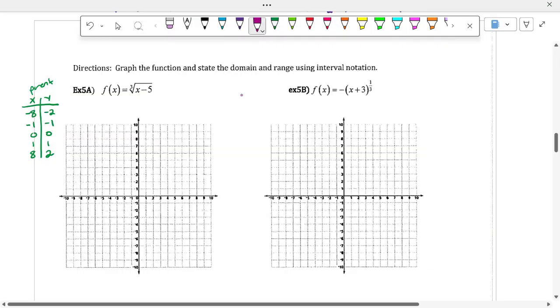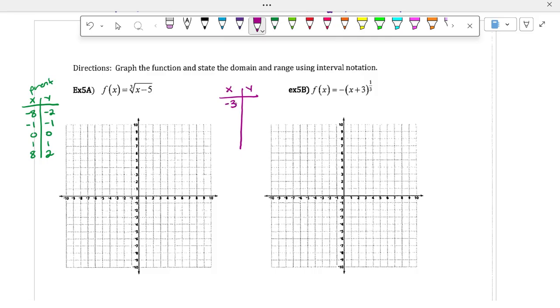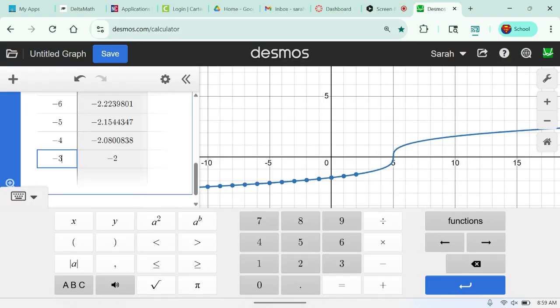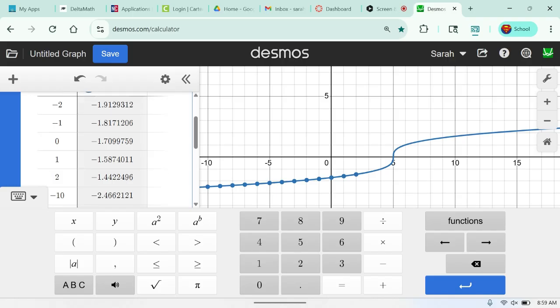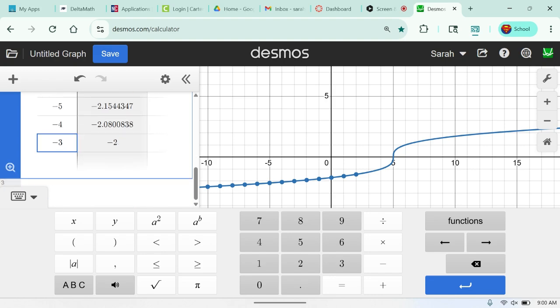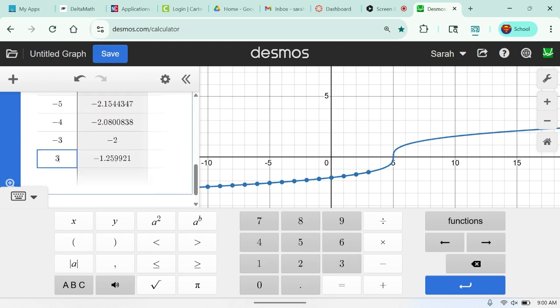So go back to your graph. You have -3, and then its y value, which was what? -2. All right. Now, we don't have to type in -2 through 2 because it's already at the top. None of them worked. So we're going to pick up with 3. 3 doesn't work.